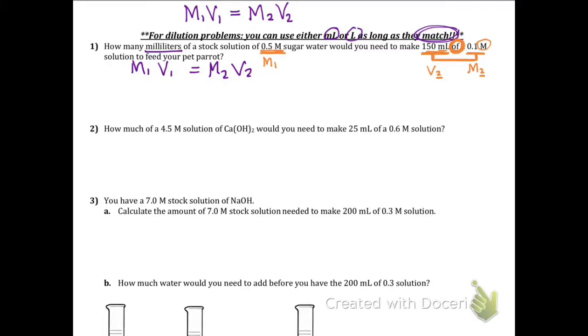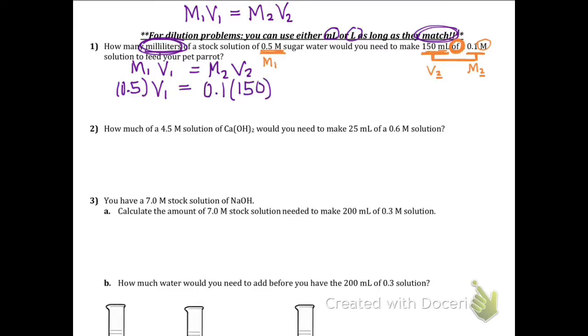So I have 0.5. I don't know V1. That's this right here. I don't know this. Okay? It's equal to M2, which is 0.1, and my volume is 150.